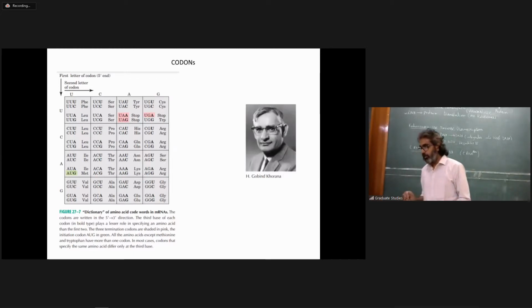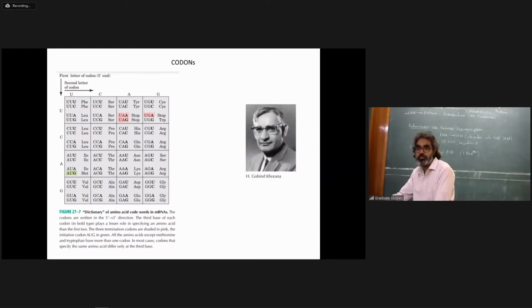So they thought, let's begin with this and not complicate things, although people even thought maybe 4 or higher. If you put 3 together, you have 64 varieties of triplets. Then you submit all these 64 to every tRNA, with 20 tRNA amino acids, and see which one binds which.